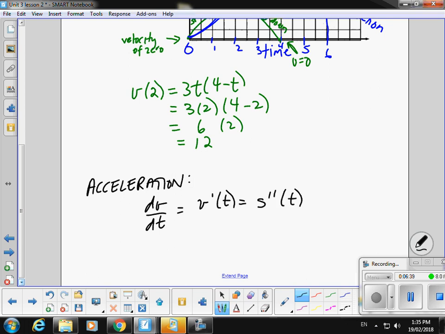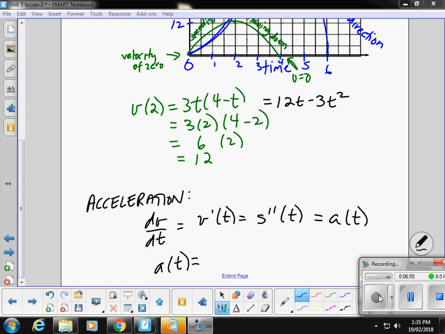It's the second derivative of the position function, or we can write that as acceleration. So our second derivative, acceleration, would be, I've had to go back and forth a bit, here's our velocity equation here, 12t minus 3t squared. So my acceleration, which is the derivative of velocity, is 12 subtract 6t.